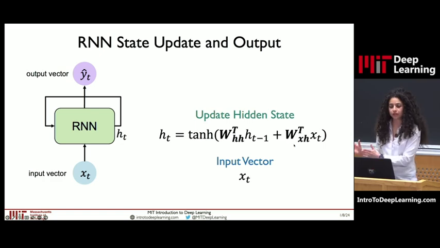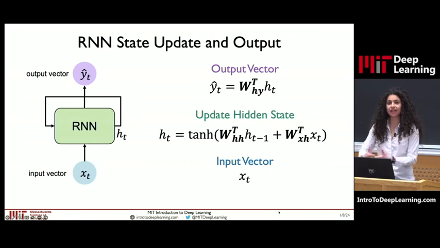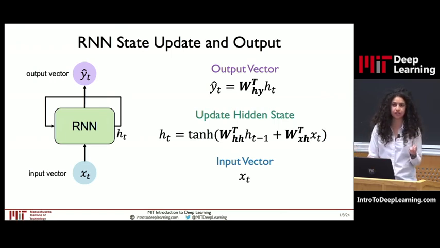We multiply those by their inputs, add them together, apply a nonlinearity, and use this to update the actual state variable h of t. Finally, we can output an actual prediction at that time step as a function of that updated internal state h of t. The RNN has updated its state, we apply another weight matrix, and then generate an output prediction according to that.